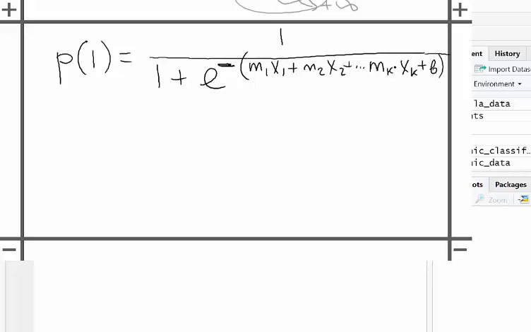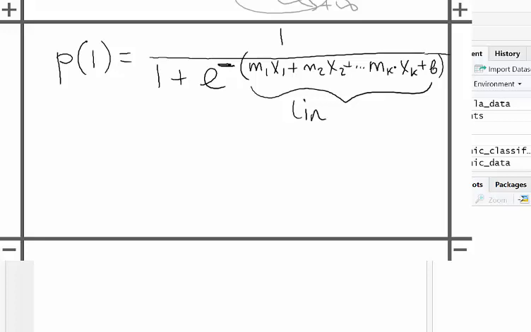So I'm replacing the x in the function with this monster expression. This portion looks like linear regression, does it not? We had this before: variable times the slope plus another variable times the slope plus the intercept. This portion is linear regression.